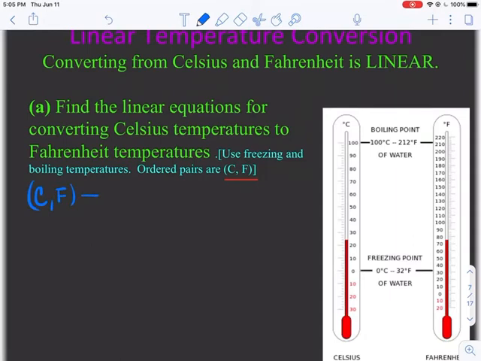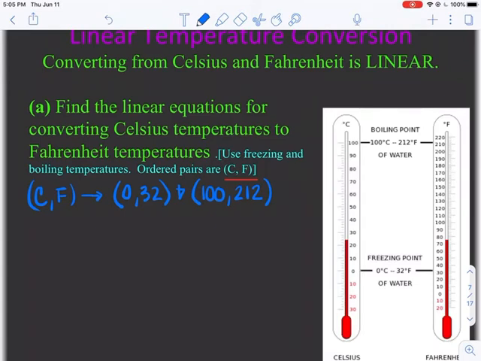would then be, well, we know that freezing temperature is when the Celsius is 0, the freezing temperature is 32. And when the Celsius is 100, then the Fahrenheit is 212. So I don't think I have to tell you which one is which here.